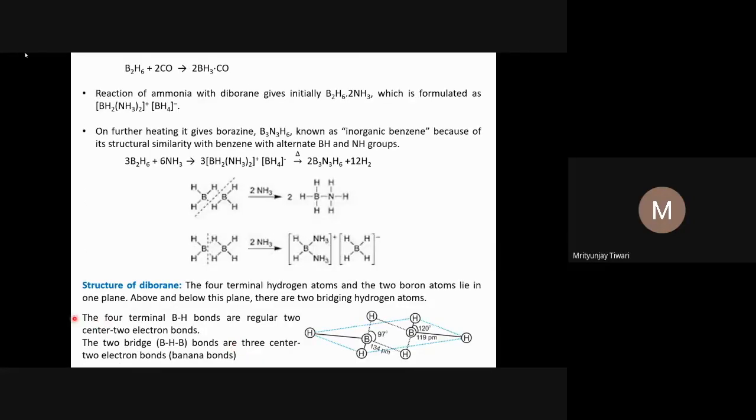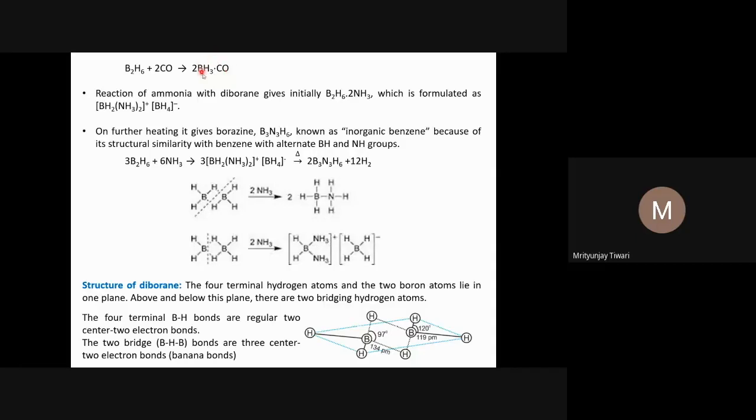Another example is that B2H6 can also, in the presence of carbon monoxide, which also behaves as a Lewis base because it has a lone pair of electrons, react with two molecules of carbon monoxide to form two molecules of BH3CO.